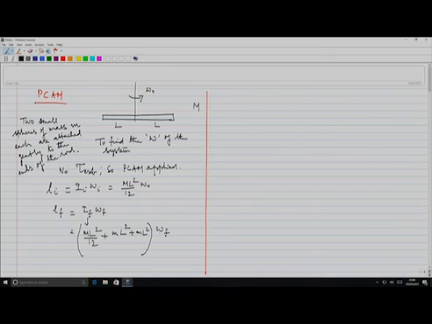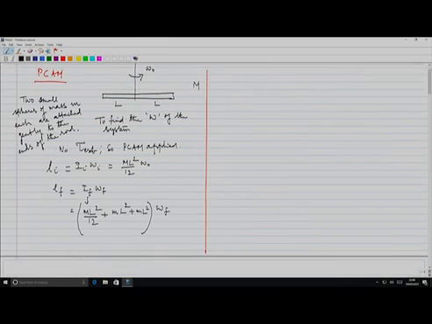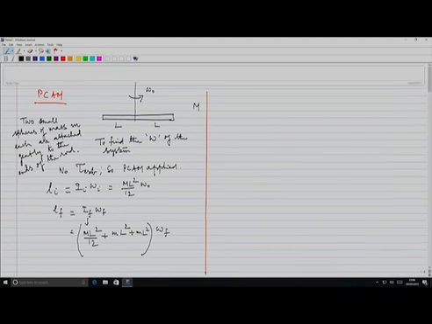If we equate these two, we will get omega f equal to ml squared by 12 divided by (ml squared by 12 plus 2m l squared by 4), times omega naught.